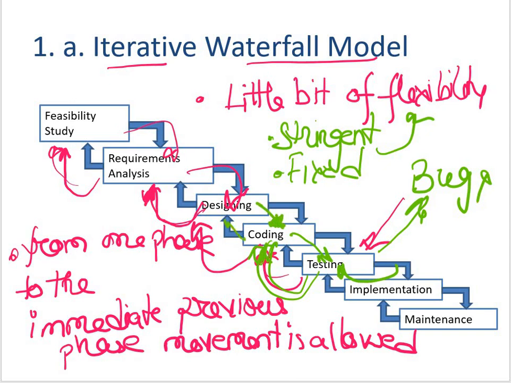Let's move back to the design phase. And from design, I can come back to the coding phase. So all these iterations can be made in the iterative waterfall model, and this makes it very handy.